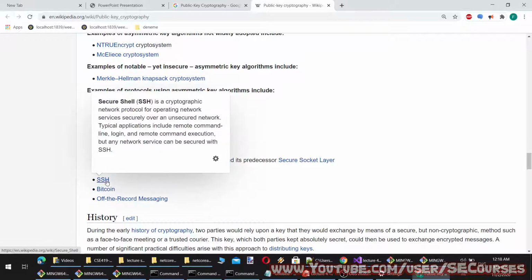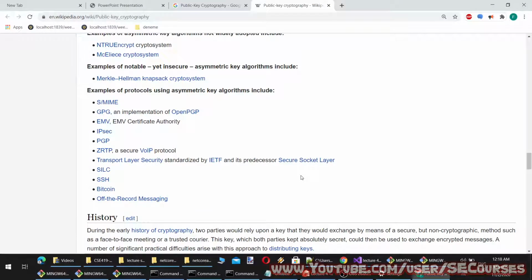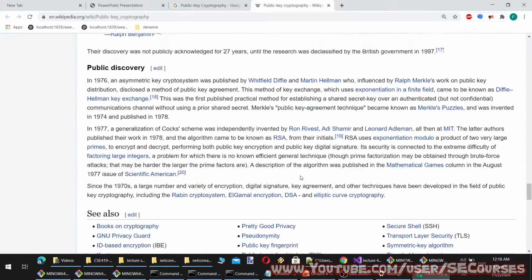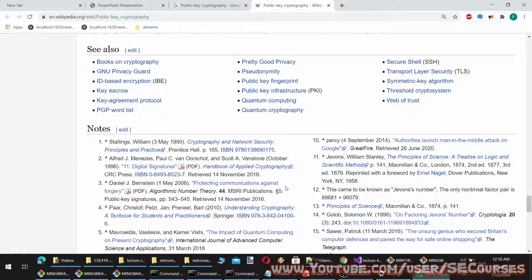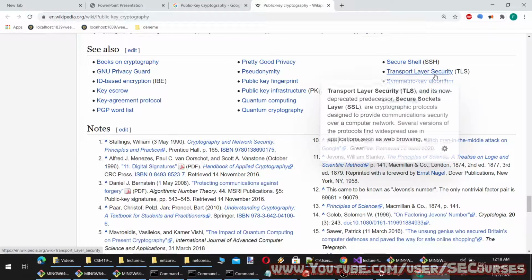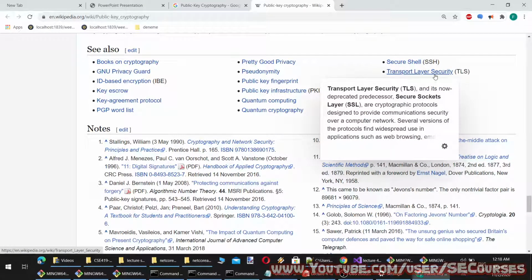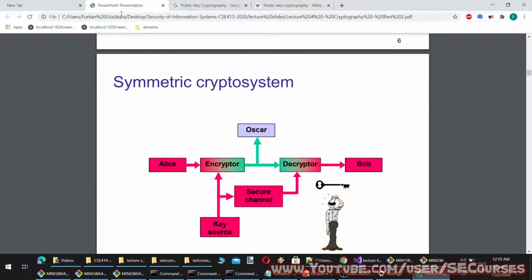You see SSH and TLS. So this is also HTTPS as we know. We will get more idea about this.